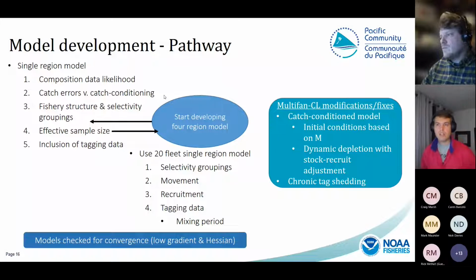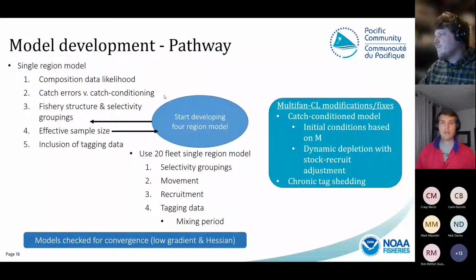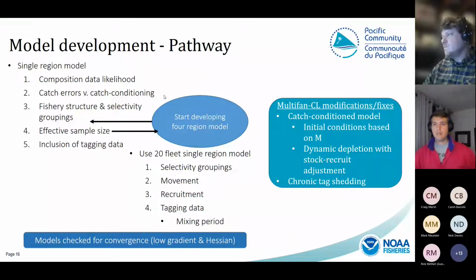Some of the modifications or fixes that had to be done to MultiFan-CL along the way. The catch conditioned model was a big update to MultiFan-CL in the last few years, and in applying this feature to the simulated data sets, it allowed us to do some more in-depth testing and make some small fixes to how to handle initial conditions based only on natural mortality, and also how dynamic depletion is calculated with the stock recruit curve adjustment.